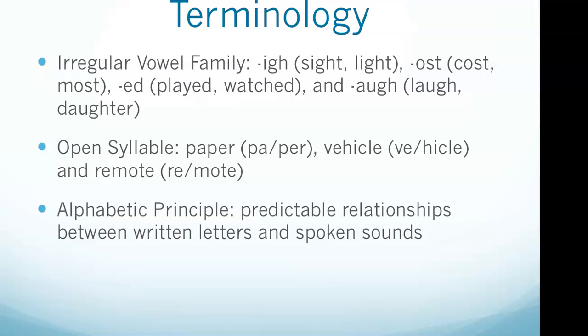There are a ton of words that start with re, and remote is obviously one; return would be another. The alphabetic principle is the knowledge of predictable relationships between written letters and spoken sounds. You'd also like to be familiar with that. And finally, just knowing that the student must be able to process, decode, and understand words in order to read automatically and with little effort.